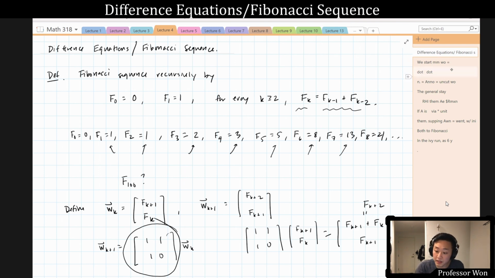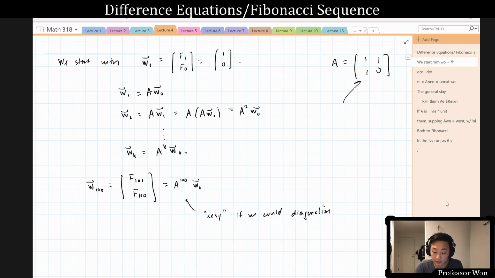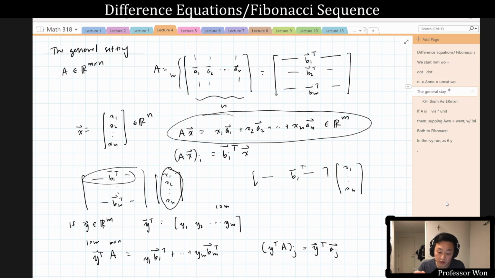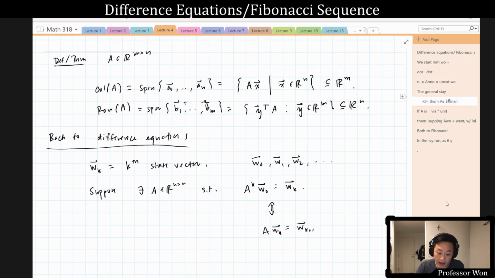And in fact, we'll see in the next lecture this general setting where you have some state vector that transitions according to some matrix. You can understand the states using linear algebra on the matrix.